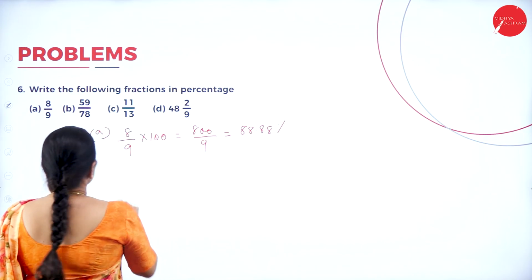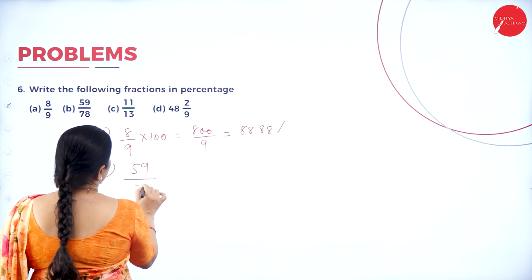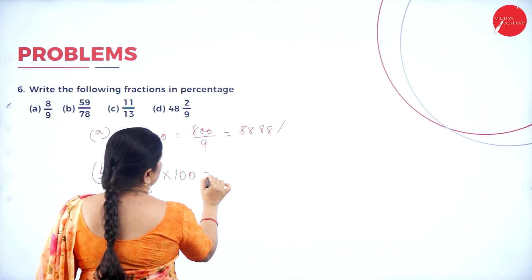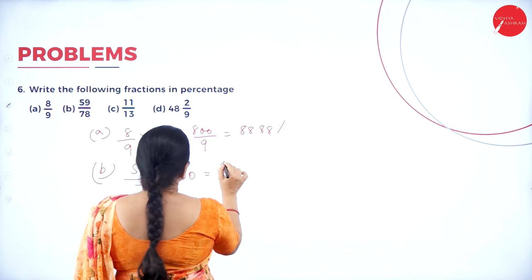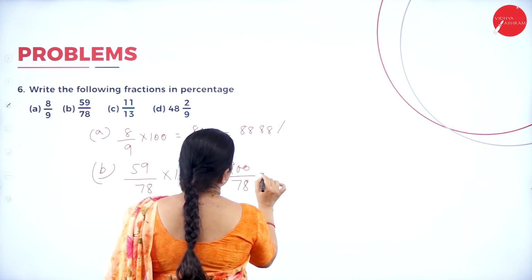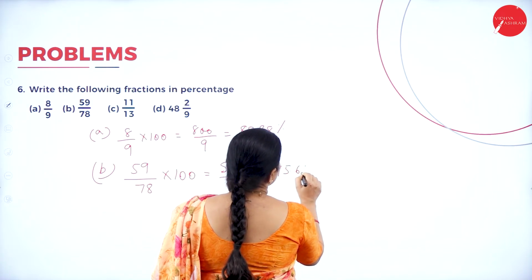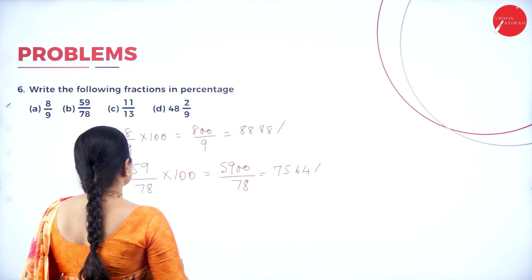Now the next one, B, 59 by 78 into 100. So this will be equal to 5,900 divided by 78, which will be 75.64%.